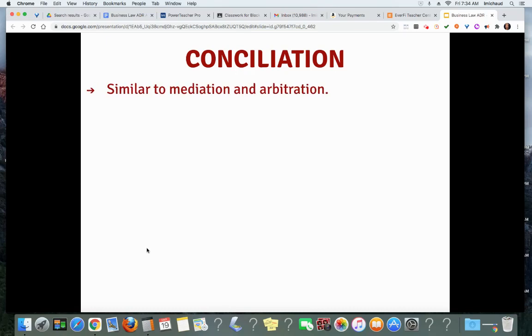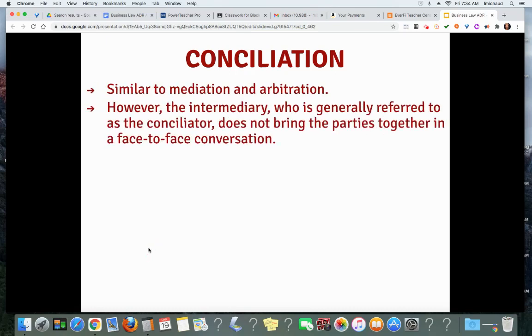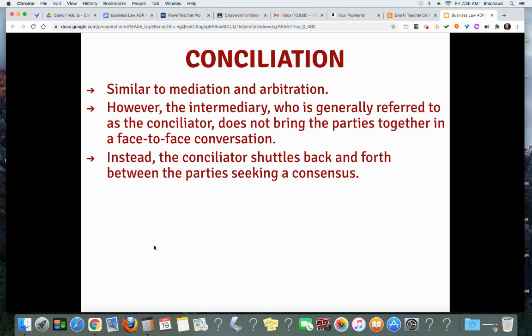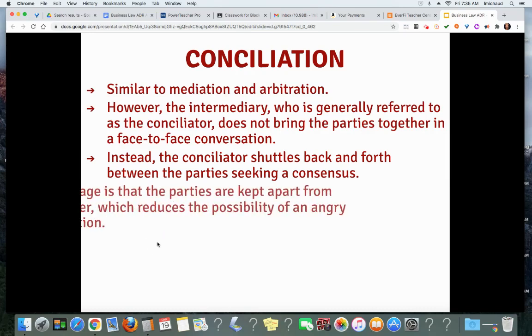Conciliation is similar to mediation and arbitration. However, the intermediary, who is generally referred to as the conciliator, does not bring the parties together in a face-to-face conversation. Instead, the conciliator shuffles back and forth between the parties seeking a consensus.